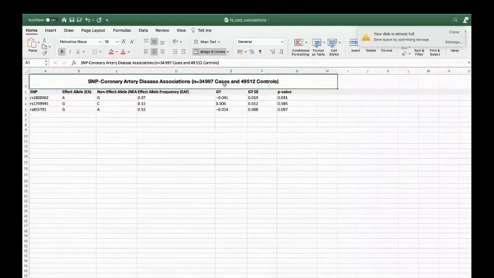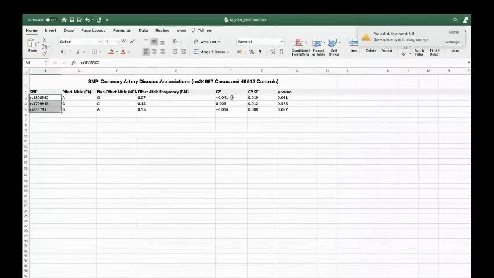So about 35,000 of these people had coronary artery disease. I think that was defined using heart attacks, for example. And about 50,000 people didn't. And then they did a genome-wide association study where they looked at the association between different variants and the risk of coronary artery disease. And they found that these SNPs, that was the association.